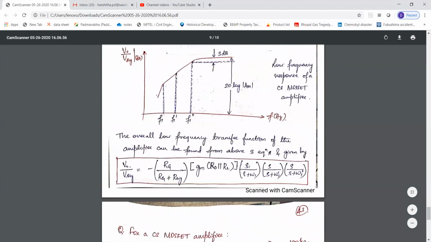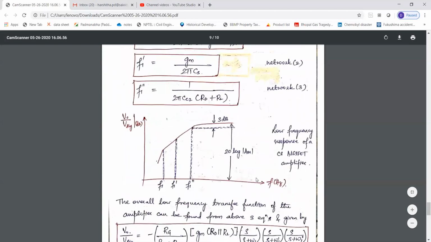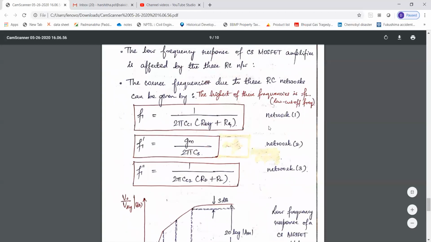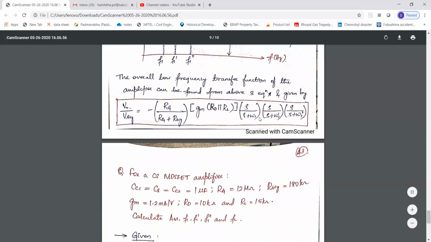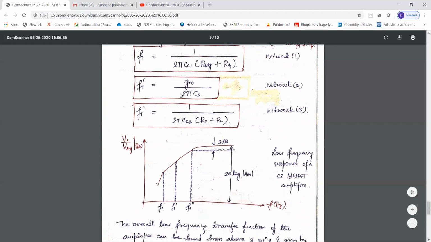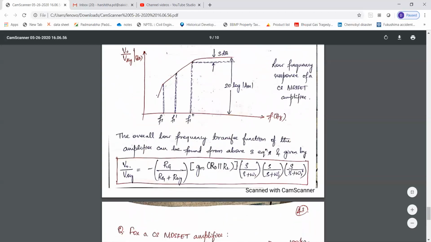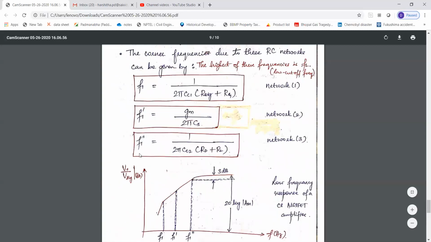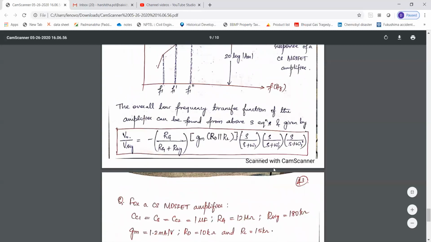And next, S by S plus omega 1 is due to the frequency component F1, multiplied with S by S plus omega 1 dash, due to the frequency component F1 dash, and S by S plus omega 1 double dash, due to the frequency component F1 double dash. So this is the overall voltage gain of the circuit.